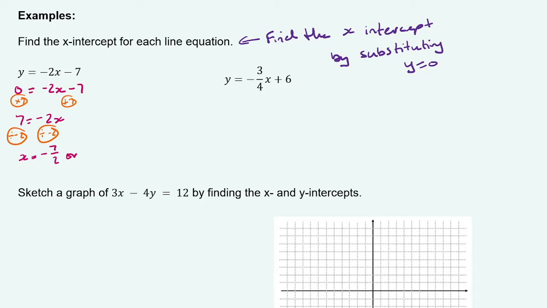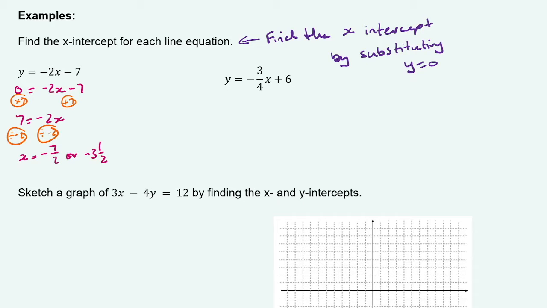Or if we want to get a little bit more nitty gritty, it is negative 3.5. But we tend to keep it in that improper fraction form. Leave it in that improper fraction form if you don't want to change it to a mixed numeral. But that's it. We substituted in y equals 0. Pretty nifty. Now let's have a look at our second example.